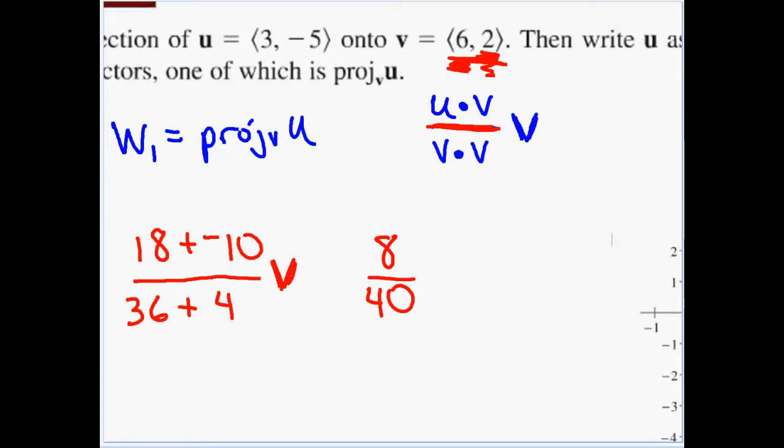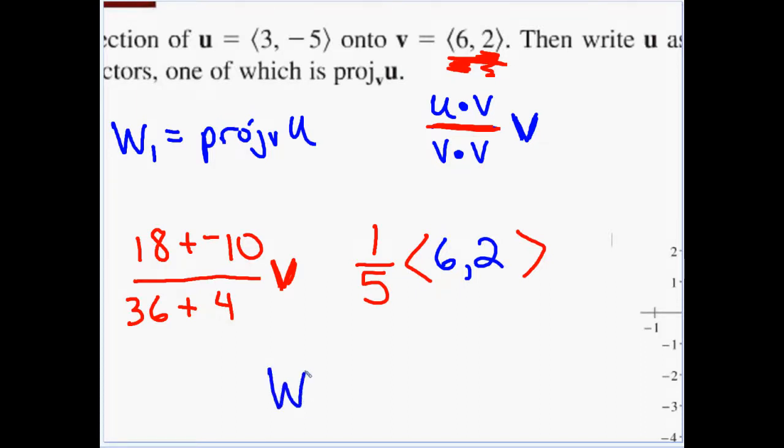So 8/40ths, we can get rid of that and replace it with a 1/5. And now we're going to distribute that across vector v. Vector v is 6, 2. So vector component 1 is equal to the vector 6/5, 2/5.